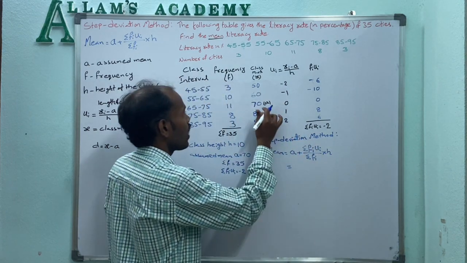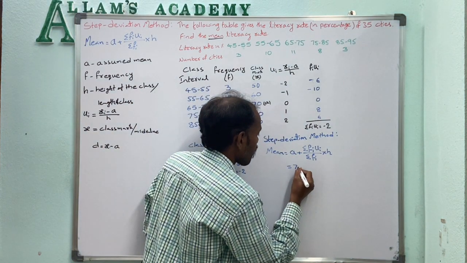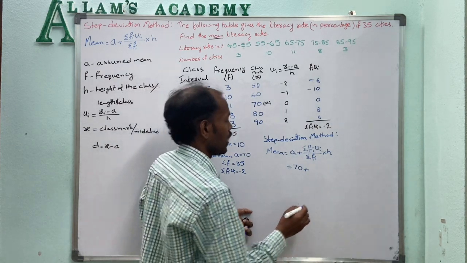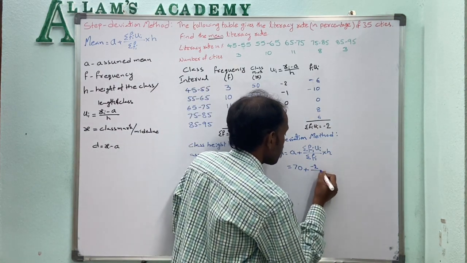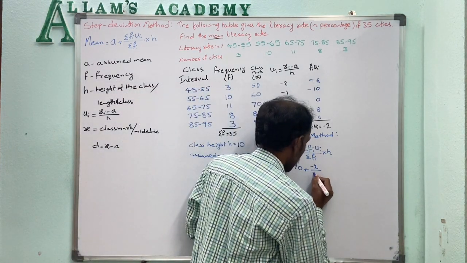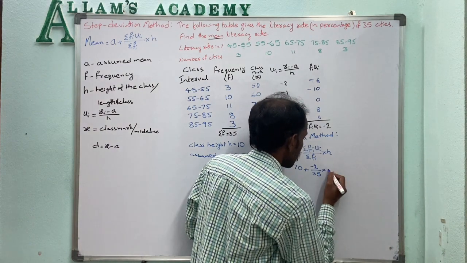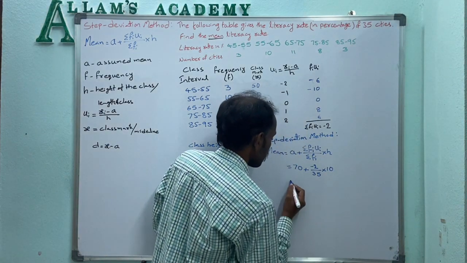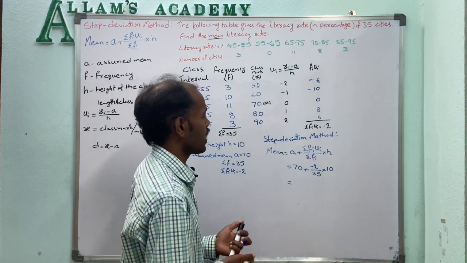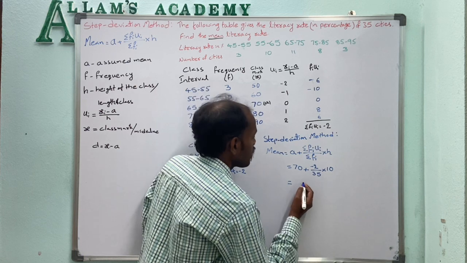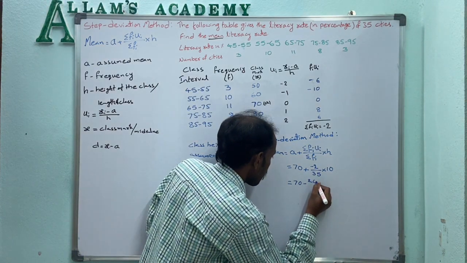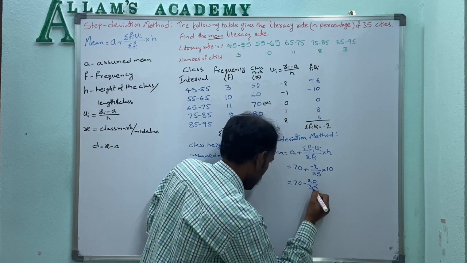Here the a value is 70 plus summation fi ui equal to minus 2 by summation fi equal to 35, into the h value, that is 10. So plus into minus, that is minus 2 into 10, equal to minus 20. So 70 minus 20 divided by 35.